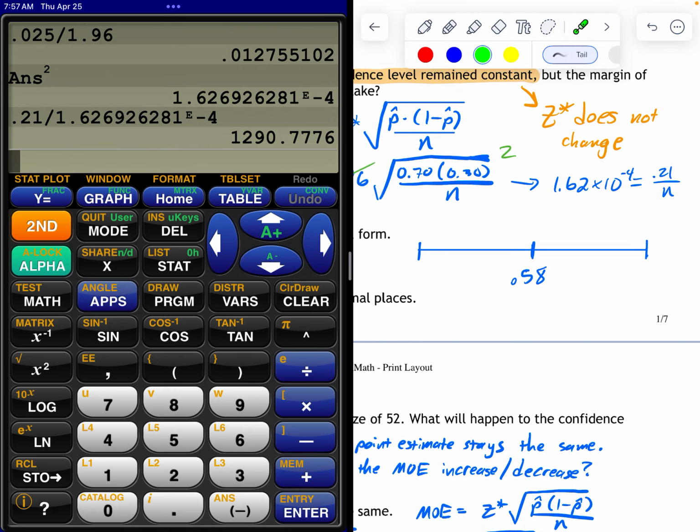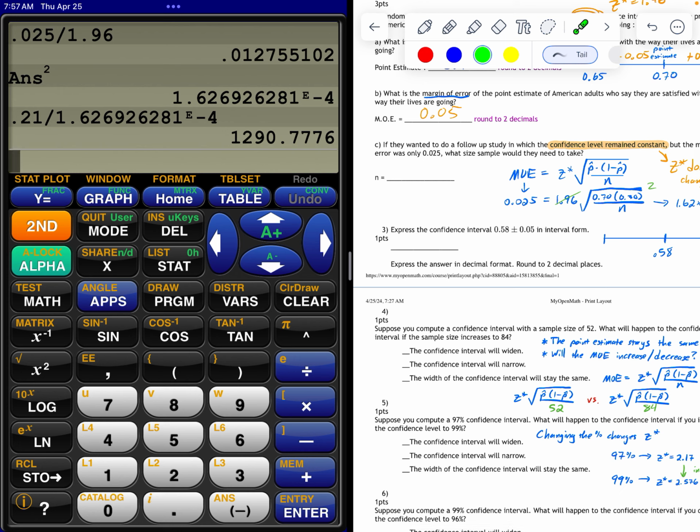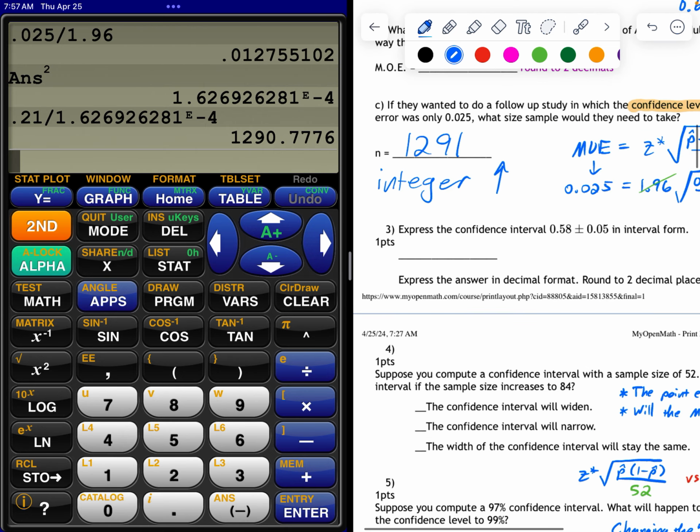You'll get a different value, of course. And you always have to have an integer value here when you type it in. So always round up. So I would have 1291. Even if my calculator said 1290.1, I would still round up to 1291.